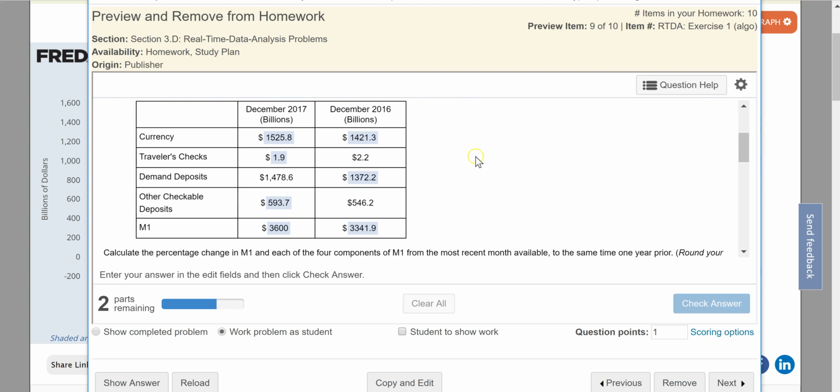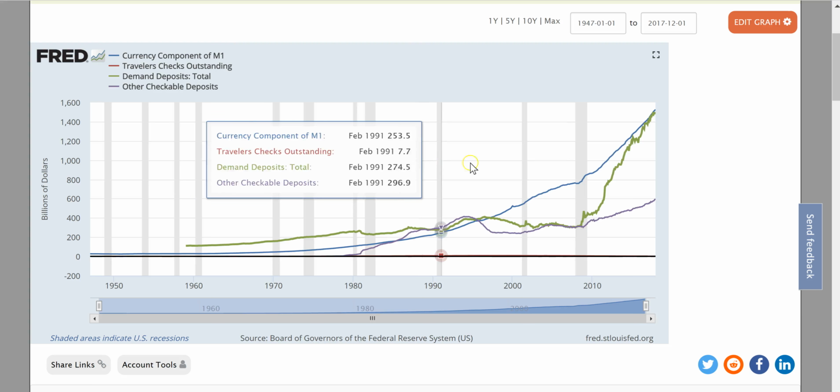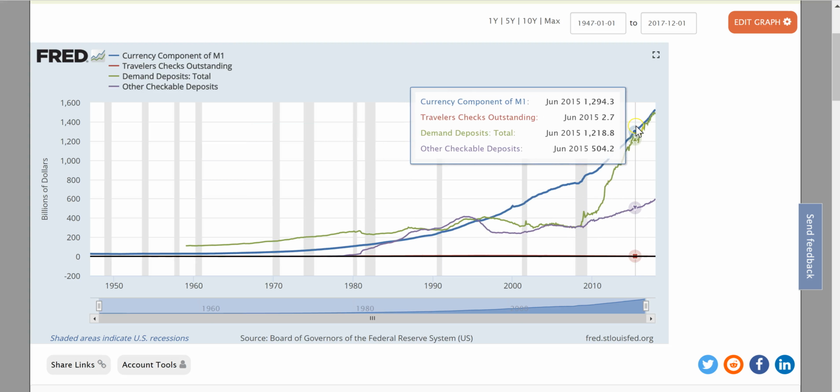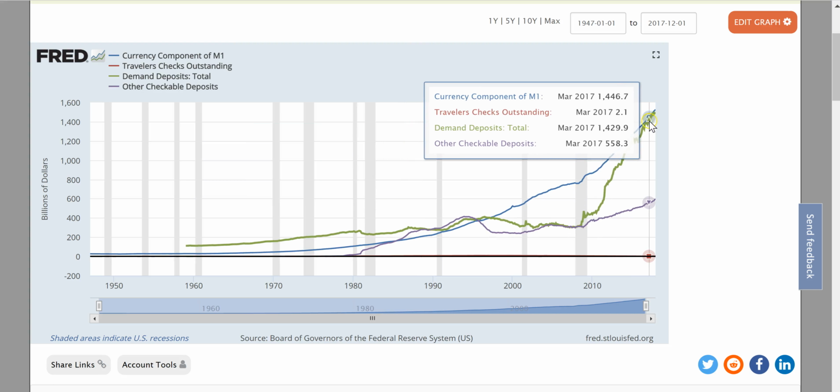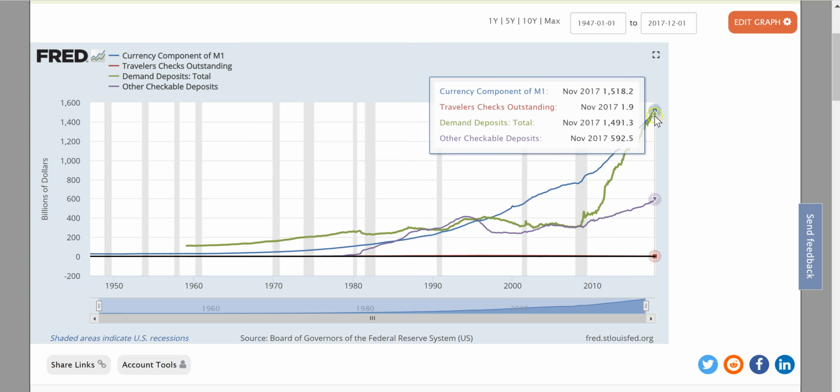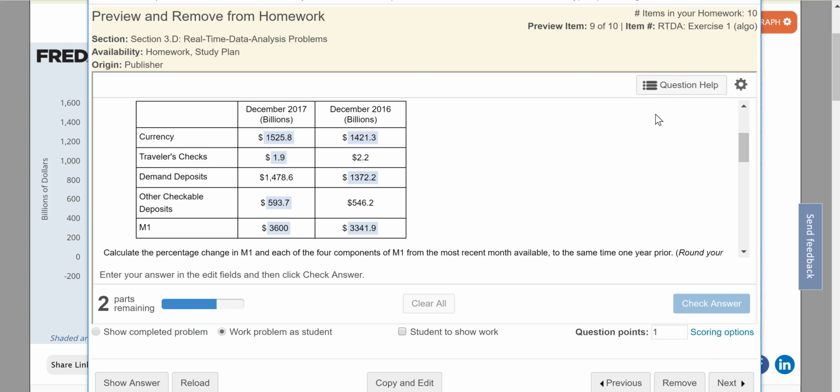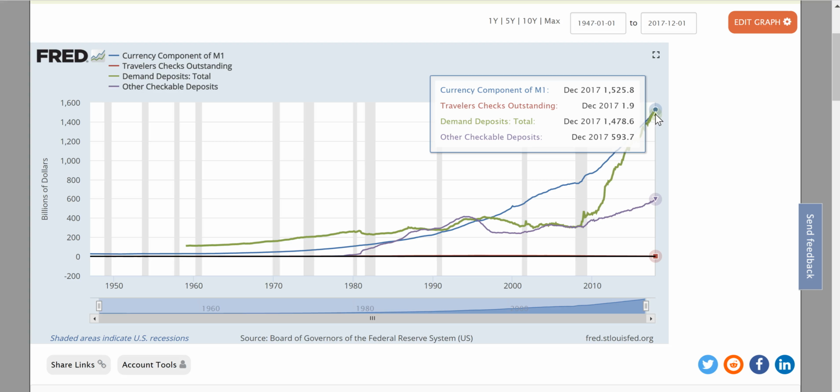And also how to read the numbers from the chart by putting your mouse on a specific time point based on what the question is asking. Here we have two time points, December 2017 and December 2016. You can just put the mouse on those two time points and simply read the numbers.